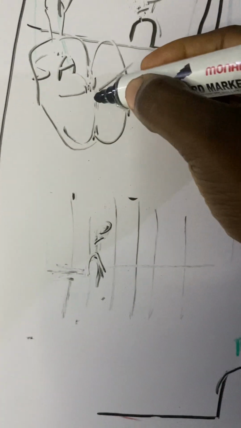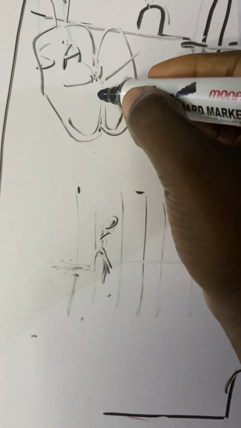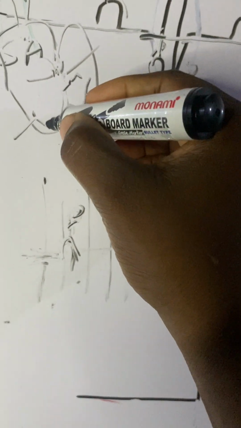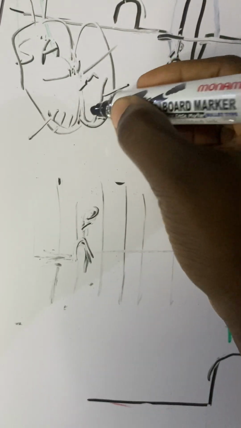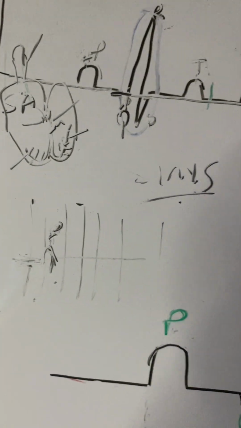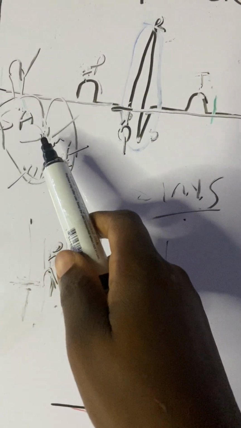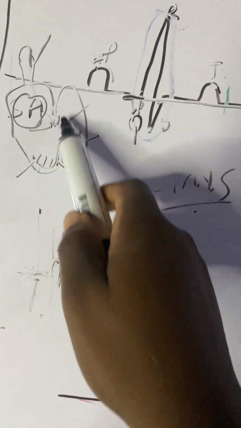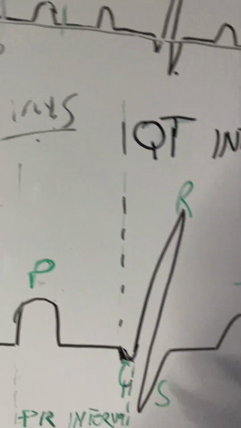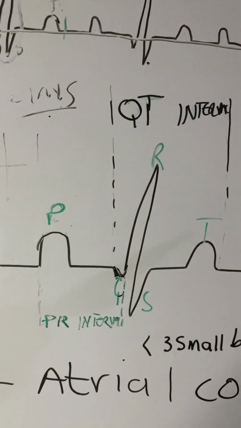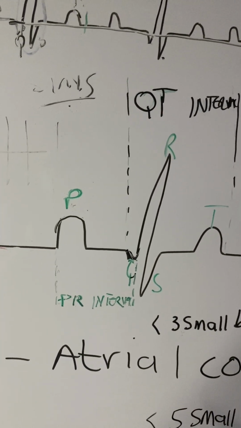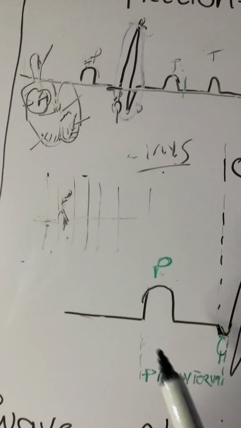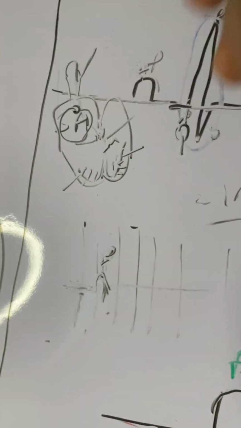Then you have the right bundle branch, the left bundle branch, and the Purkinje fibers off those branches. Any signal generated from here by nature will go through this normal pathway and appear on the ECG like this. It is called a sinus rhythm, so any rhythm generated from the SA node is a sinus rhythm.